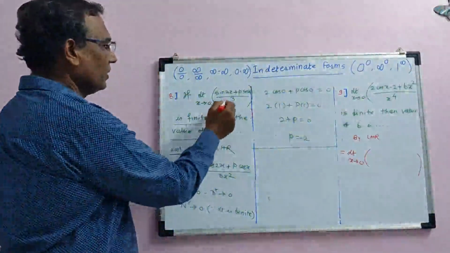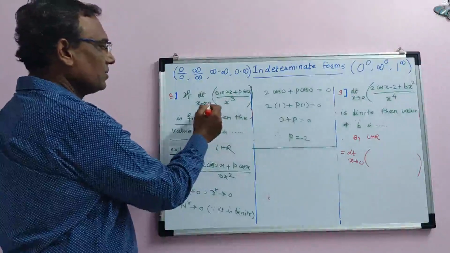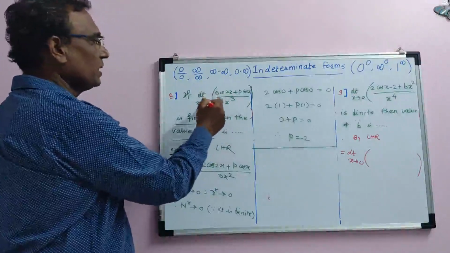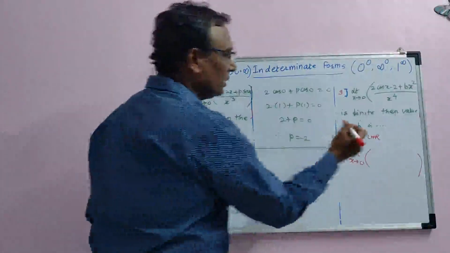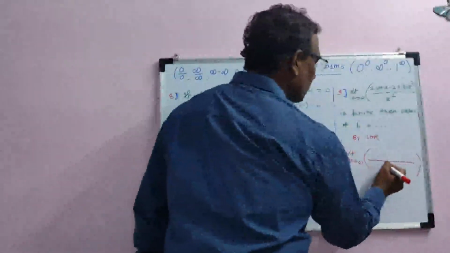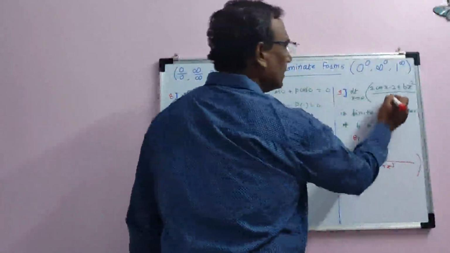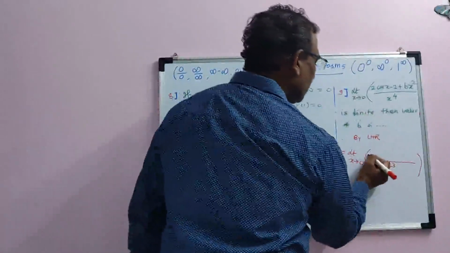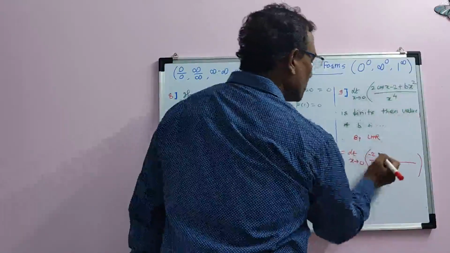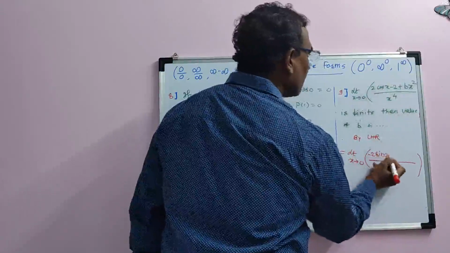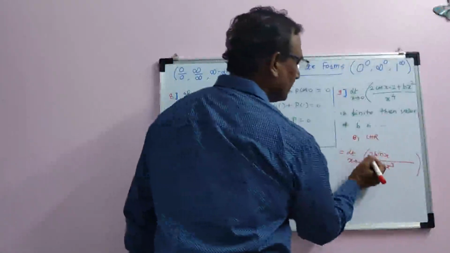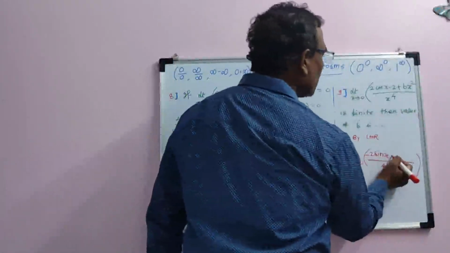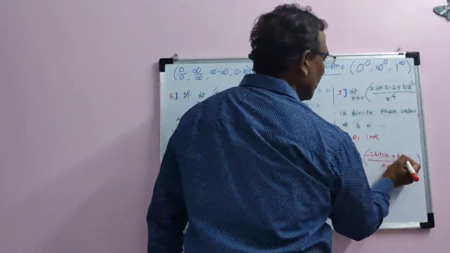Here also, in the beginning, x equal to 0, the denominator is 0, and if you put x equal to 0 here, the numerator also becomes 0. Now, by L'Hospital rule, derivative of x raised to 4, derivative of cos x is sin x with minus sign. This minus sign here. Derivative of minus 2 is 0. Derivative of x square is 2x and b is a multiplicative constant.